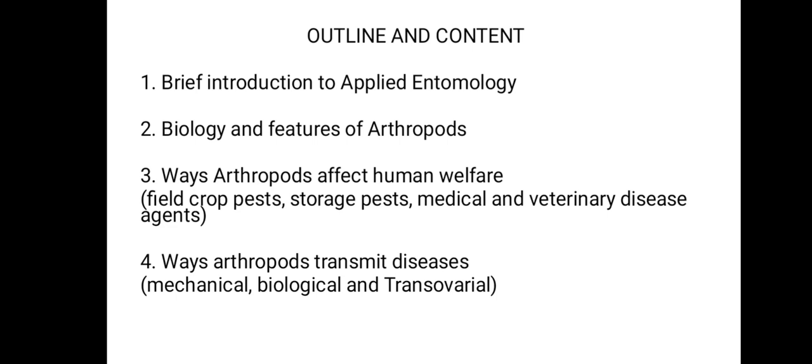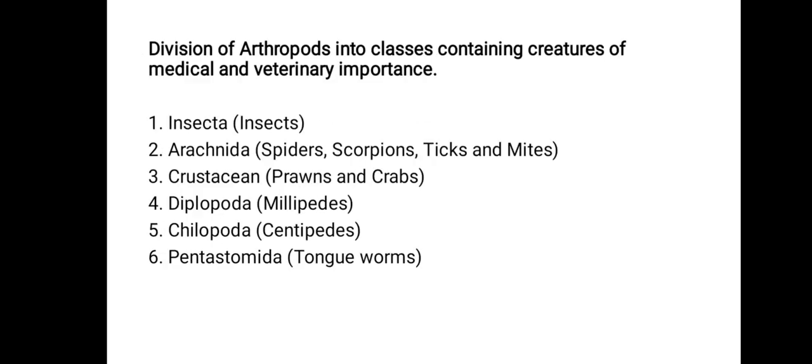And the fourth one is ways that arthropods transmit diseases. We're going to look at the mechanical ways by which arthropods transmit diseases to man and his livestock. And we are also going to look at the biological and the transovarial means. That's not all for the course.